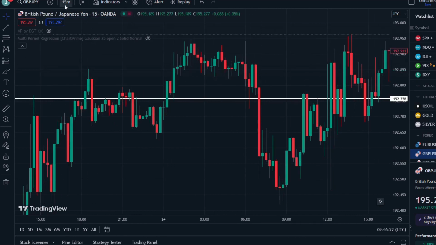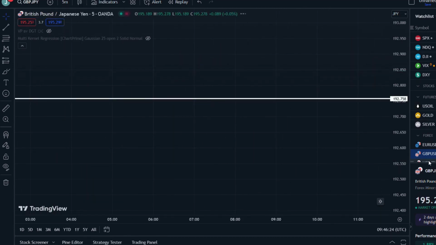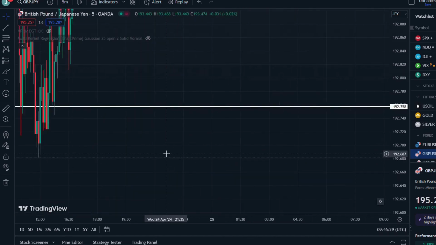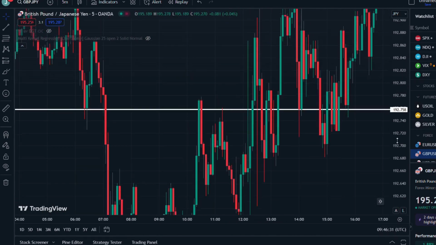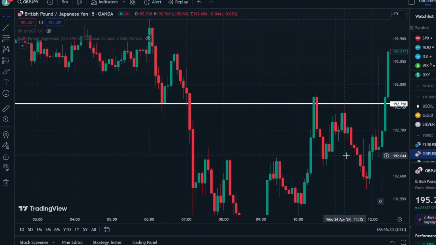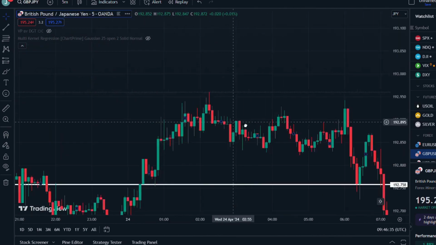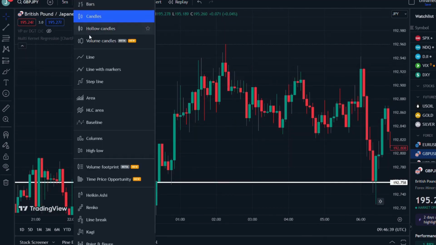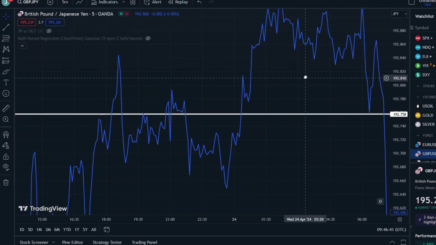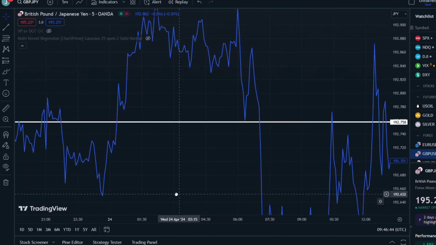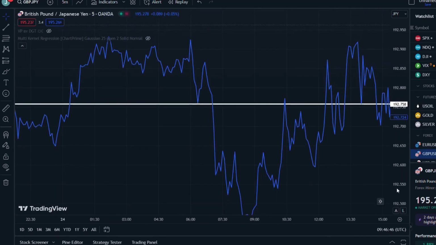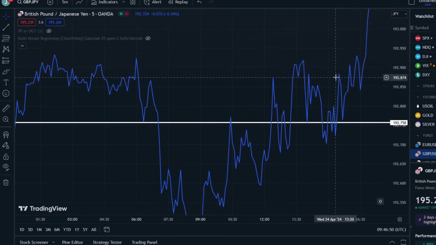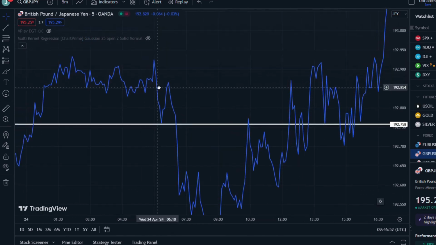So let's check what we can see on the 5 minutes time frame. It's important to understand whatever you can recognize on the 5 minutes time frame. Let's come here and see the line first.